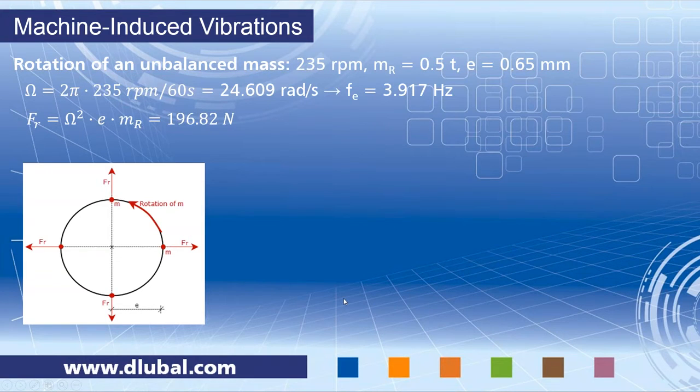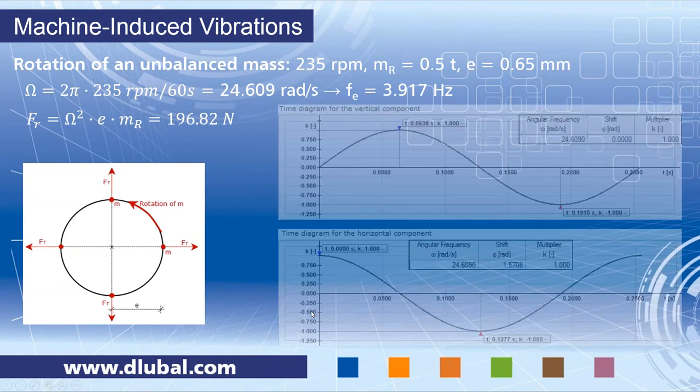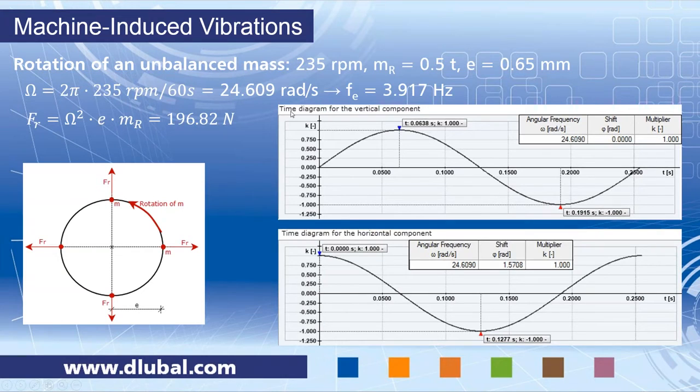And to explain the connection between the time diagrams and the actual rotation of our unbalanced mass, these are the time diagrams that we are going to define in DYNAM. So we will enter the frequency here, the 24 radians per second. The vertical component will have a shift of 0. So it's a sine function, and we have a multiplier here, which is 1.